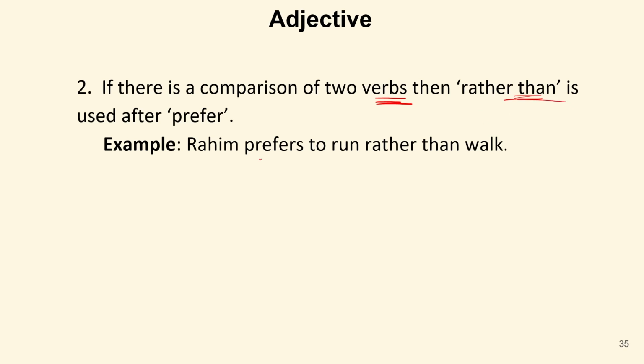For example, Rahim prefers to run rather than walk. Now here, run and walk are being compared. Both of these are verbs. That is why we are using rather than, not to. If I had written the words running and walking, they would be gerunds. In that case, again we'll use to, not rather than.